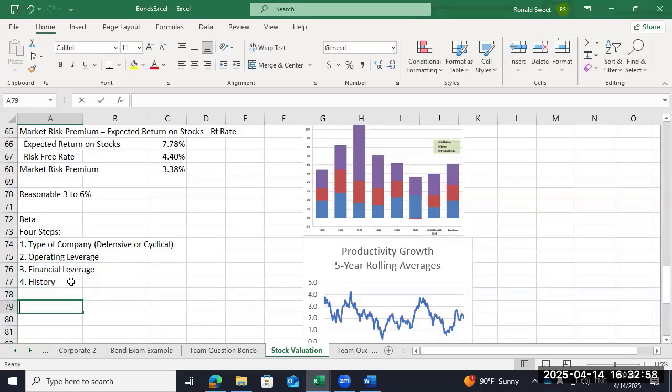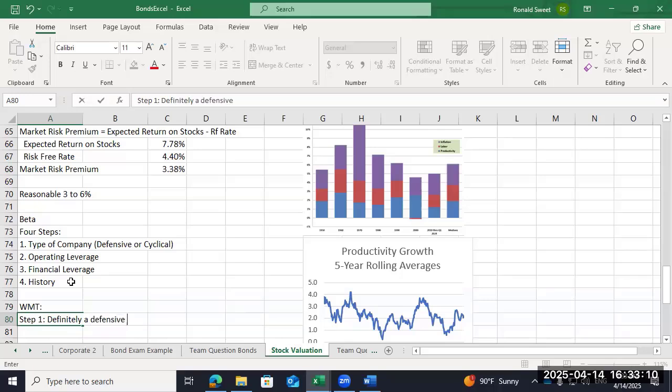All right. So I'm doing Walmart. This is definitely a defensive company. Discount store selling discounted products plus large grocery operation.